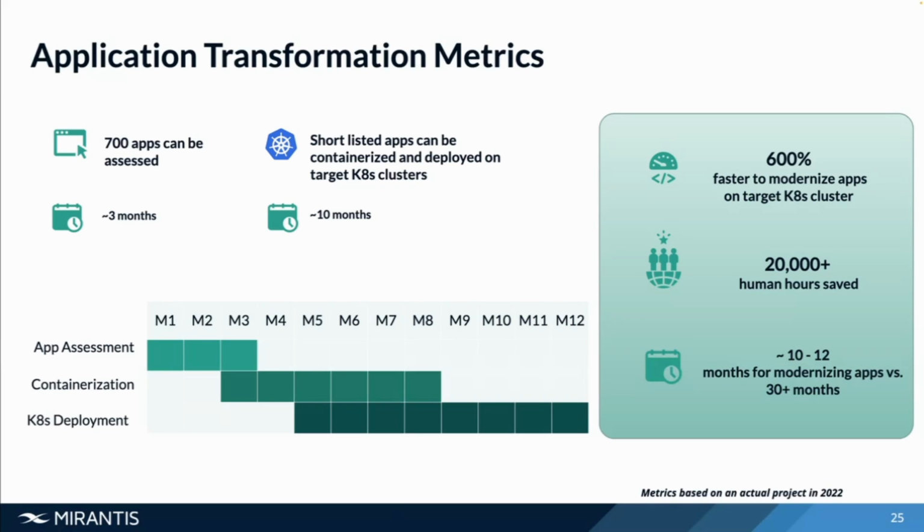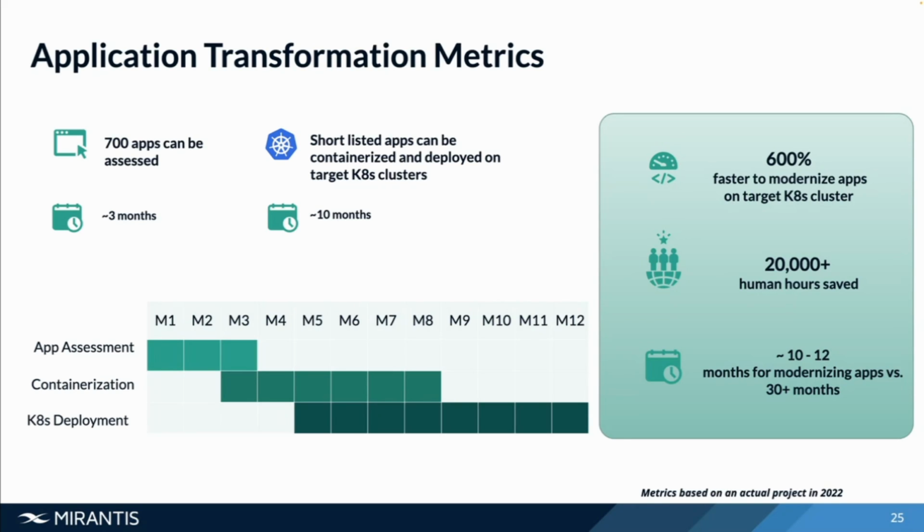And in parallel, we started to deploy and prepare the target environment. And within the next 4 months, we migrated these applications, right? So it took us about 10 months in total to migrate 700 applications from a generic legacy platform towards a modern Kubernetes platform, right?